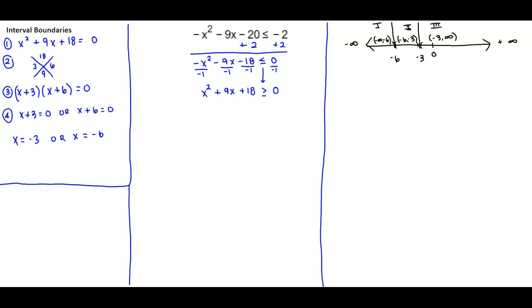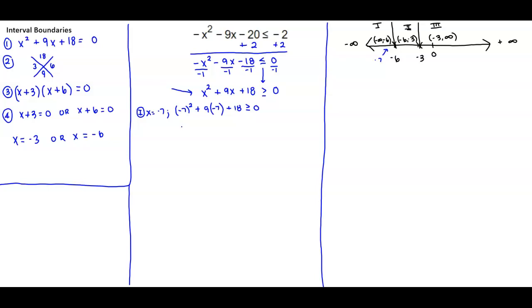Now we're going to test points in those intervals using this inequality. Let's take a look at interval number 1. We're going to choose negative 7, so x equals negative 7. Now let's plug it in. We have negative 7 squared plus 9 times negative 7 plus 18, and we want to see if that's greater than or equal to 0.